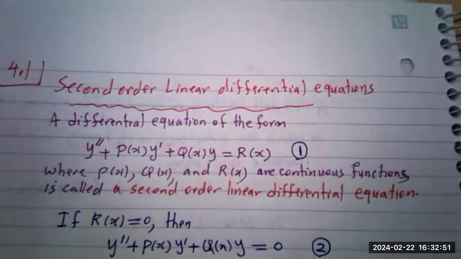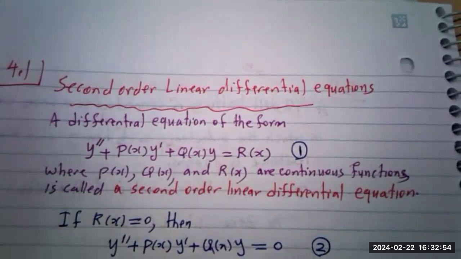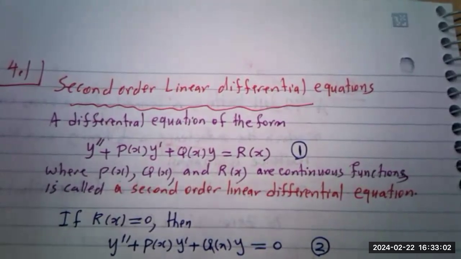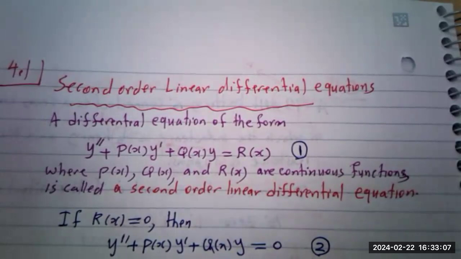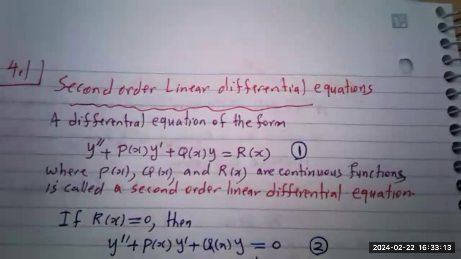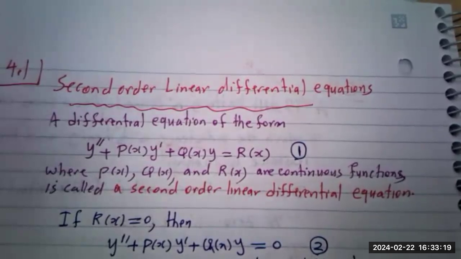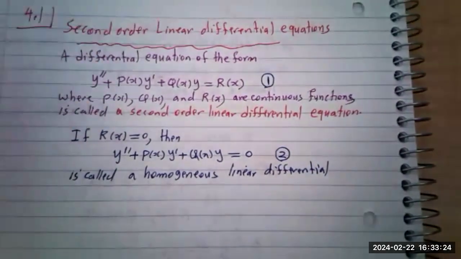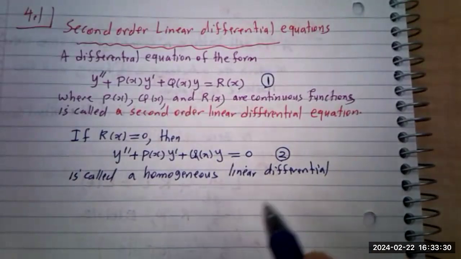I refer to this one as equation number 2 for the time being. It's called homogeneous. Okay, it's different from homogeneous that we did before. It's called a homogeneous second order linear differential equation.